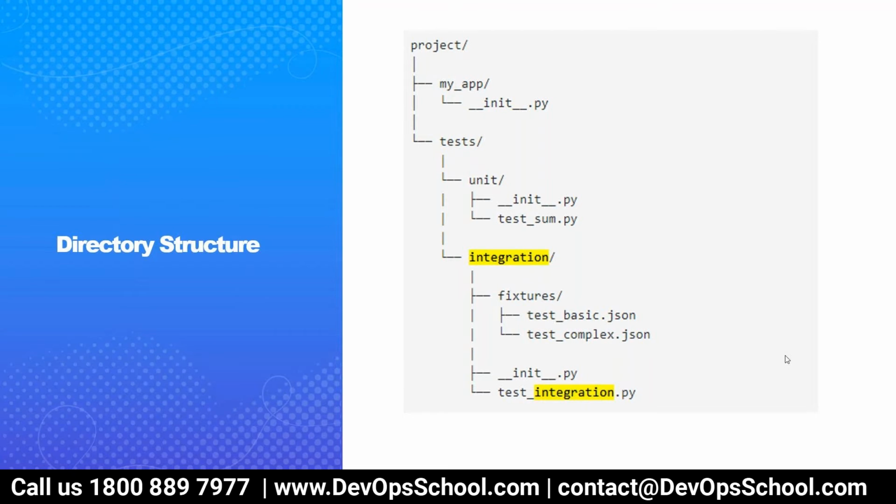If you have my app, and my app has code in .py files, inside that you have a directory called test, and underneath you can have three directories: unit test, integration test, and functional test, with your code for the test scenarios. This way you can create a structure, and wherever you see something like that, test or something like that, you'll understand that those directories contain the code for testing the features and models.